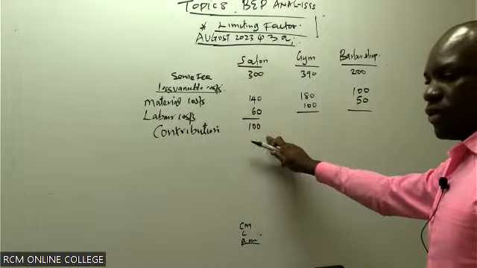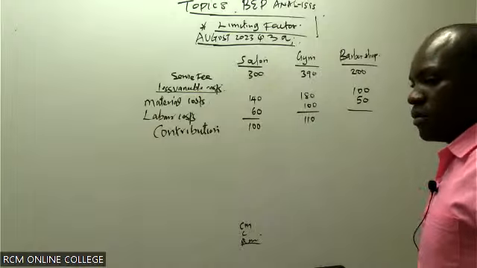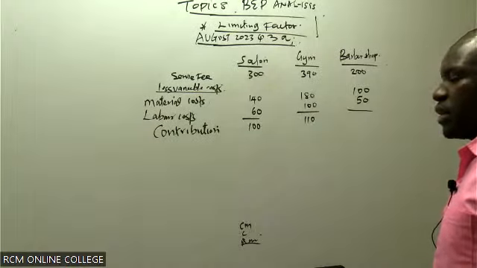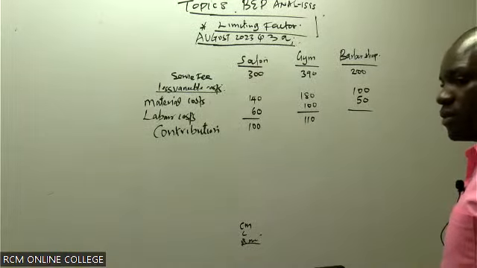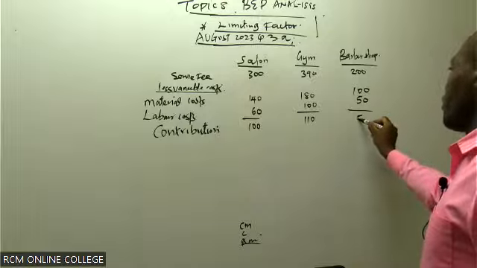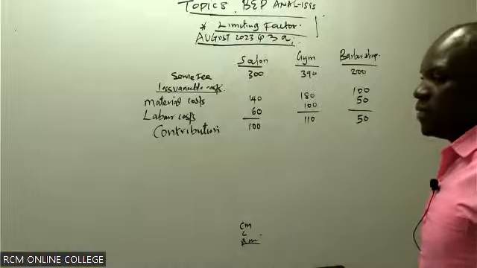Either 100 or 110. Please confirm. Okay, it is 110. How about this? 200 less 150. We will have 50. This step applies to all the questions under limiting factor.